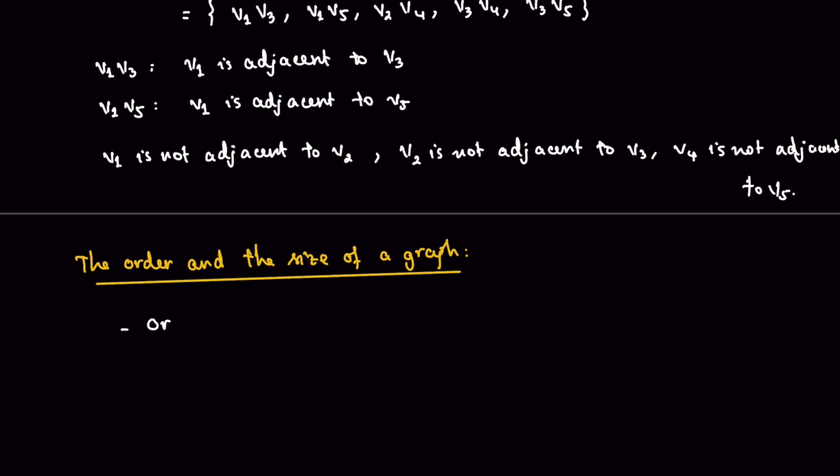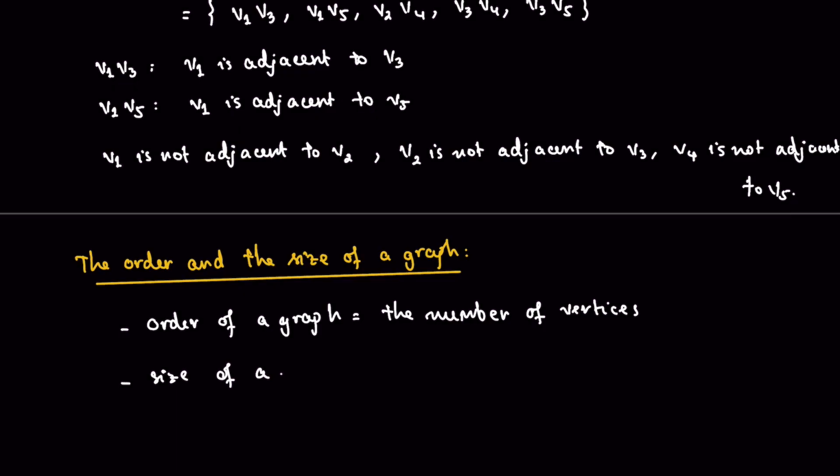The order of a graph is equal to the number of vertices, and the size of a graph is equal to the number of edges.